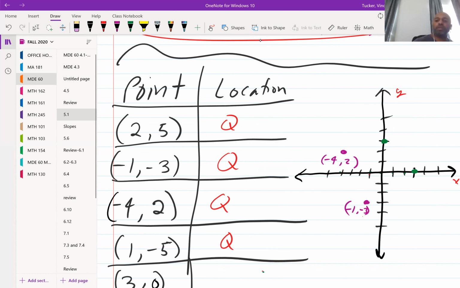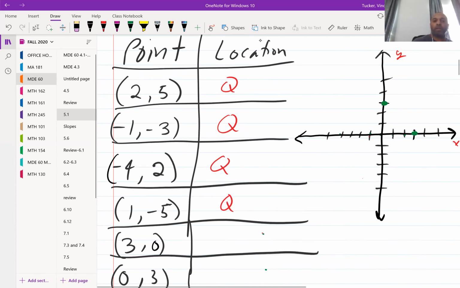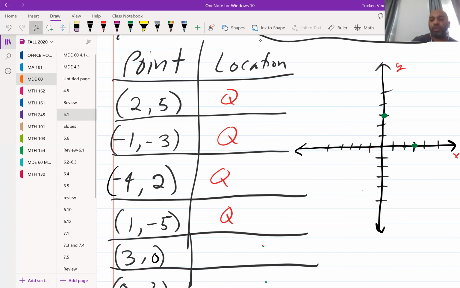Make sure we're good. All right, so we got about 6 points we want to graph just to make sure we're good with graphing.